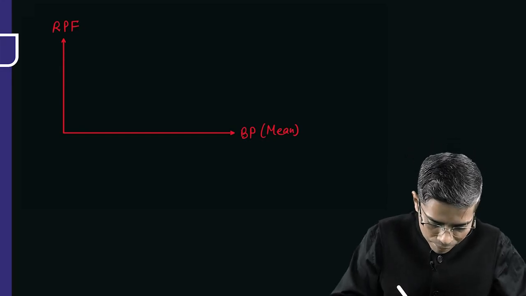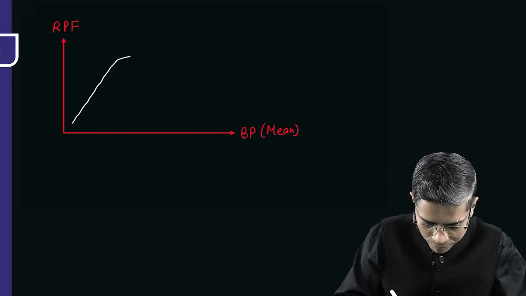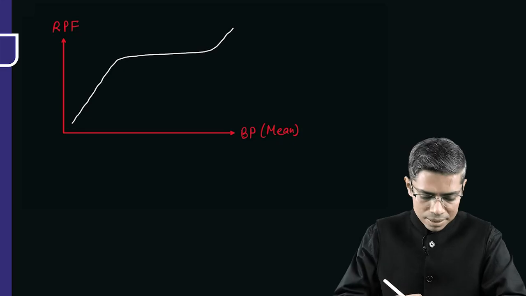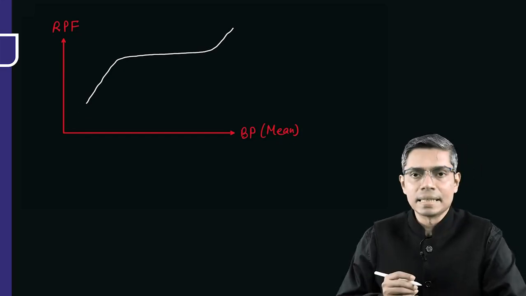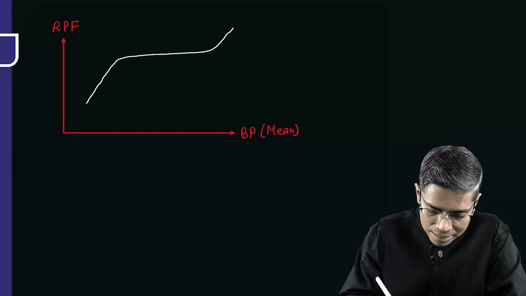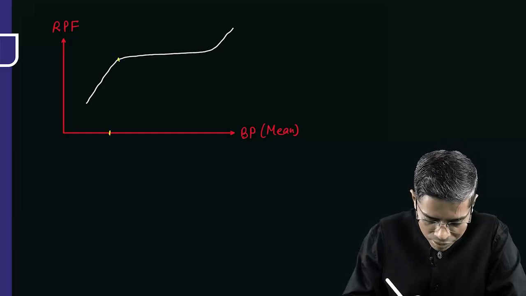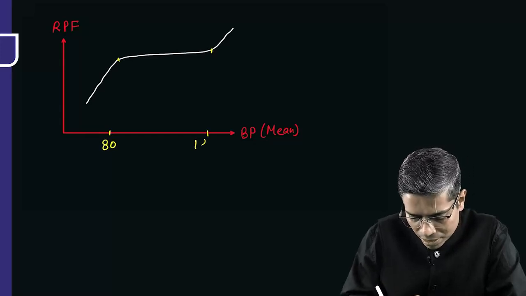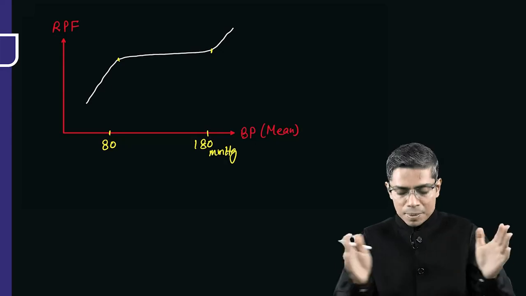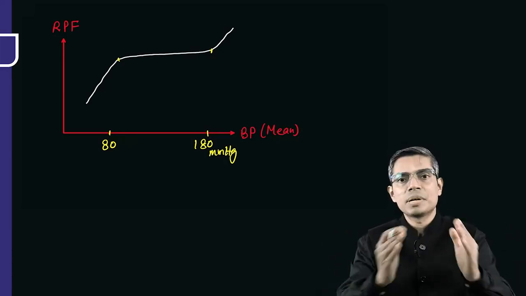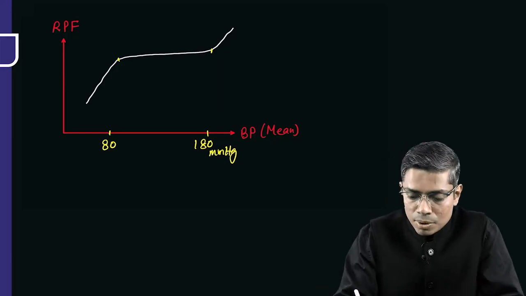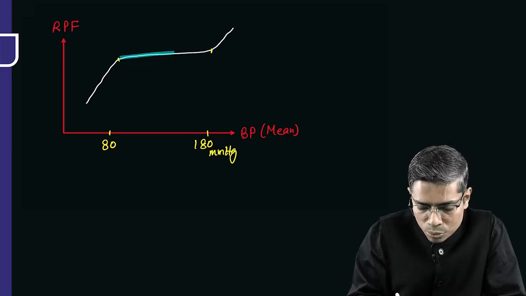This graph indicates that if the blood pressure of the person is changing from 80 to 180 millimeter of mercury, is there any change in renal plasma flow? The answer is no. There is a plateau.